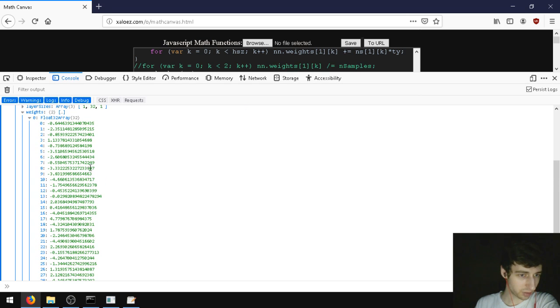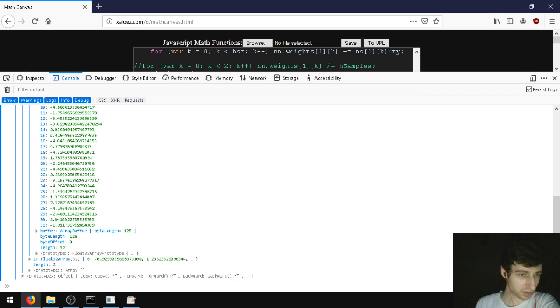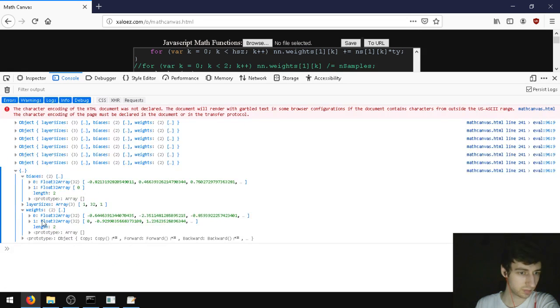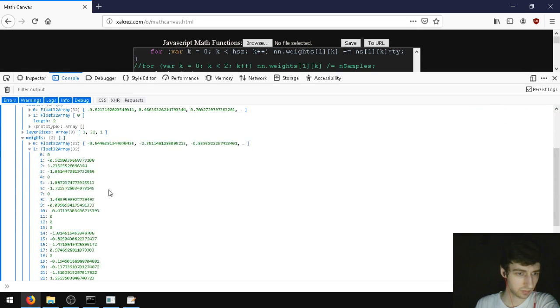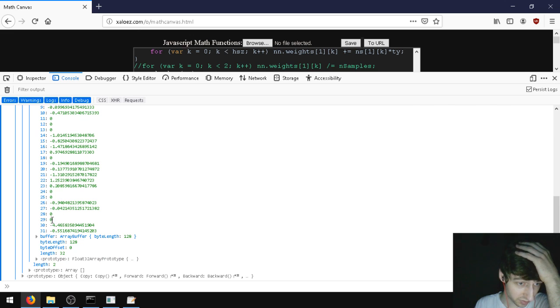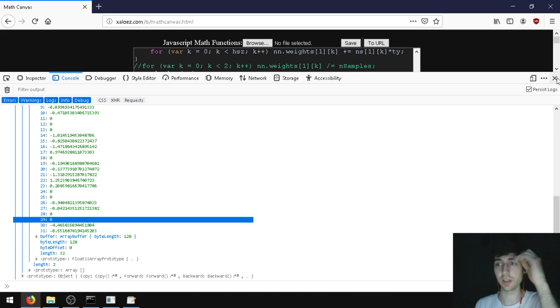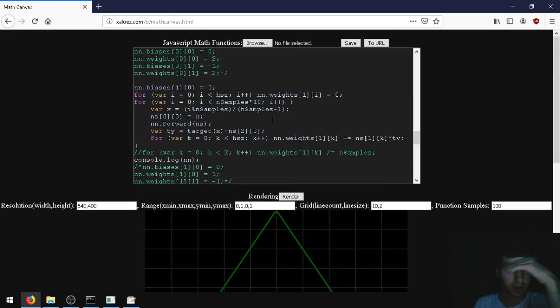The weights are between -5 and 5, which is what I was going for. So then these are the trained weights right here, which a bunch of them have ended up as 0, interestingly enough. Which makes me wonder.